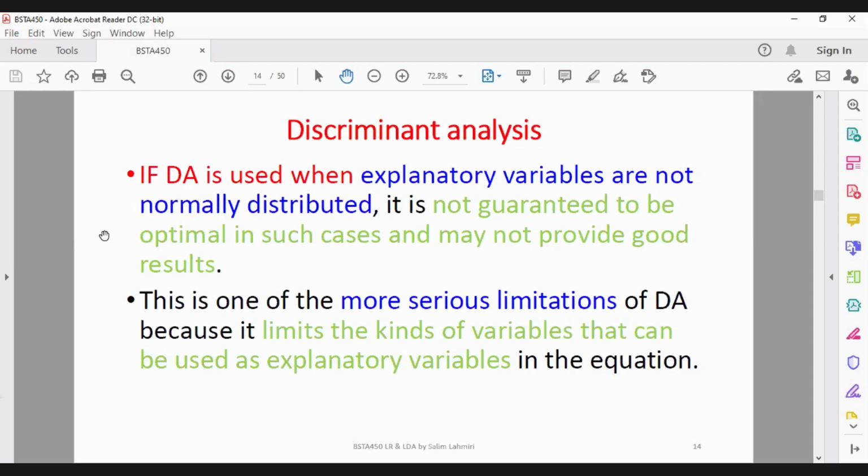So this is a more serious limitation of discriminant analysis because it limits the kinds of variables that can be used as inputs to the discriminant analysis equation.